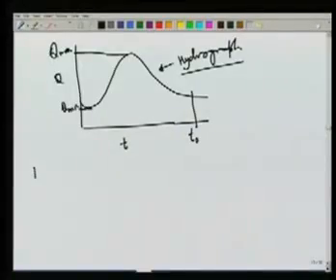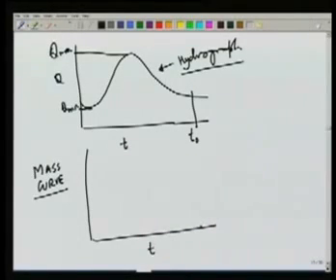So for this purpose, there is a curve which we can generate from this hydrograph, which is known as the mass curve. And mass curve shows the cumulative volume of water passing through that point in a given time.